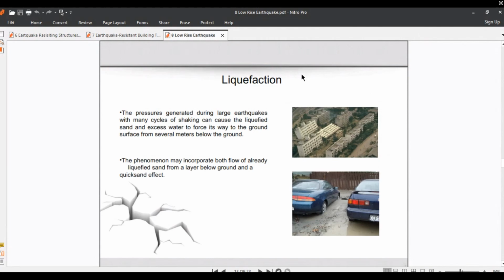You can see destruction, destroyed buildings. The phenomenon may incorporate both flow of already liquefied sand from a layer below ground and a quicksand effect. This is the phenomenon of liquefaction occurring after the earthquake.